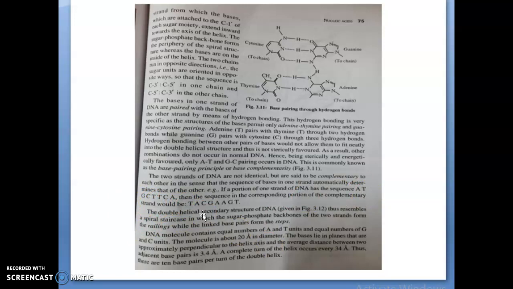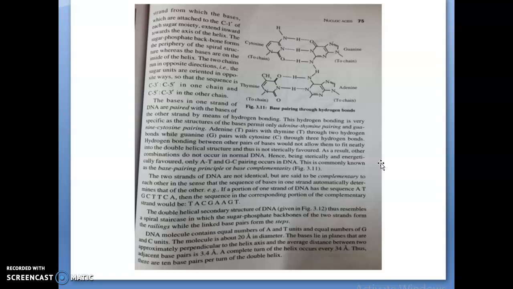The double helical secondary structure of DNA thus resembles a spiral staircase. The sugar phosphate backbones of the two strands form the railing, and the steps are the base pairs held by hydrogen bonds.